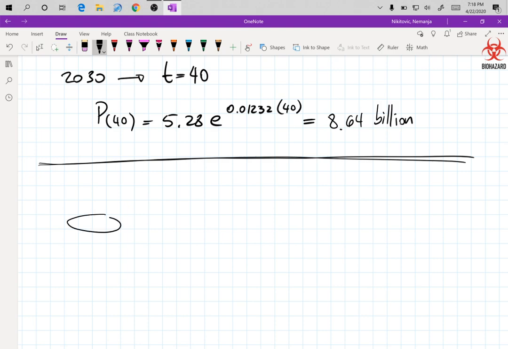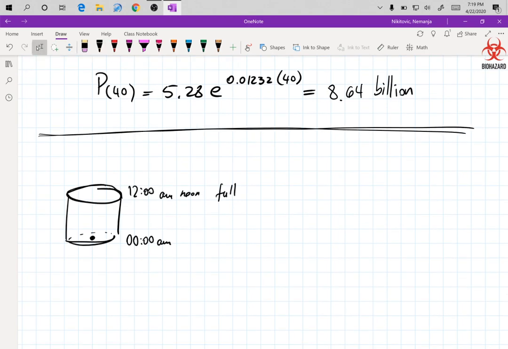So if you have a dish of some kind and you put one bacteria on the bottom at midnight, and at 12 noon it will be full, because the bacteria splits into two, but it splits every minute.